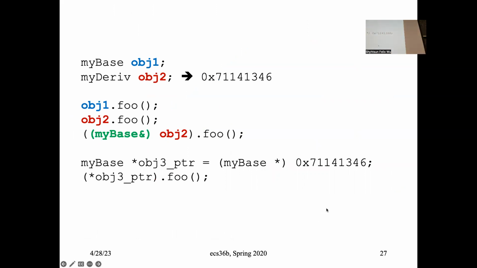And then I actually create my base pointer. By the way, that's why I said you need to refresh your knowledge about pointers. So when I define my base, this is a base class, star obj3 underscore ptr. This is a pointer, this is the address.